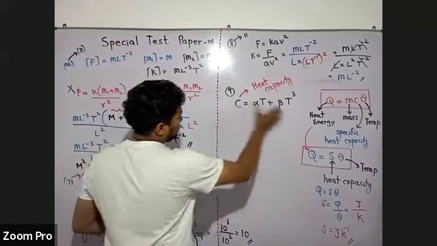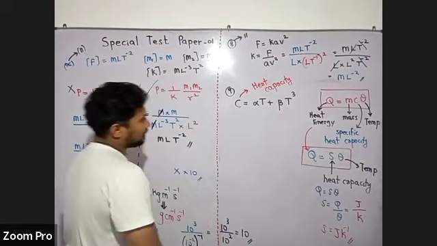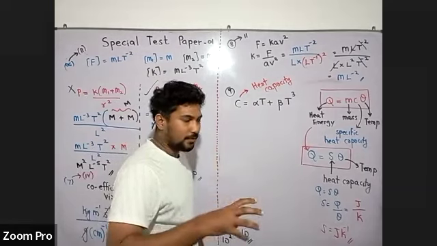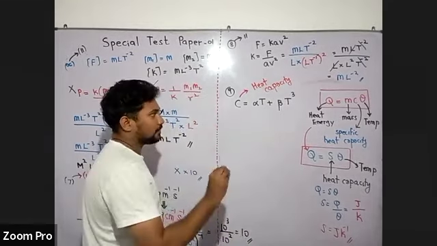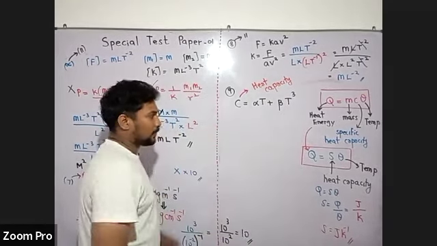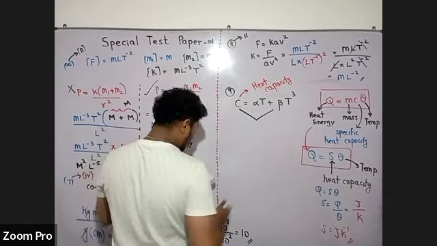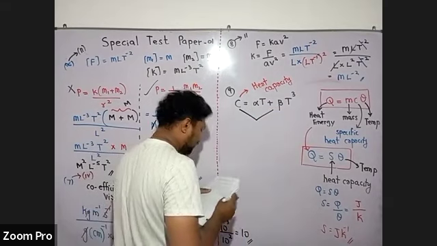Now this equation consists of three terms, isn't it? As you know, if the equation is accurate, each term should have the same units. So let's take these two, because we are asked to find the units of theta.